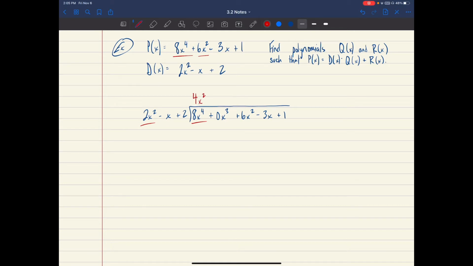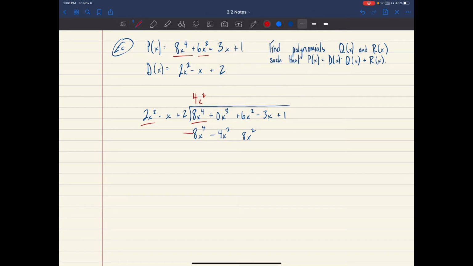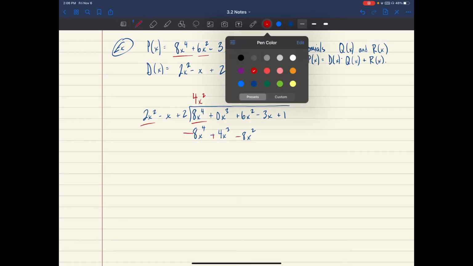Then we multiply that back through. 4x squared times 2x squared is 8x to the fourth. 4x squared times negative x is negative 4x cubed. And 4x squared times 2 is 8x squared. And then we flip our signs, so we're going to go minus, plus, minus.